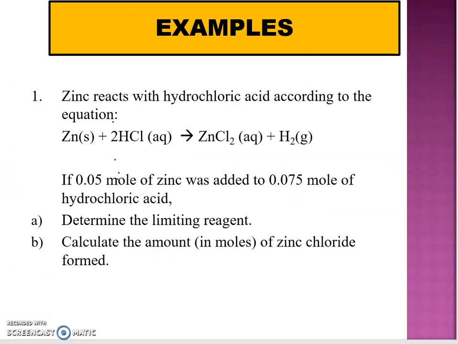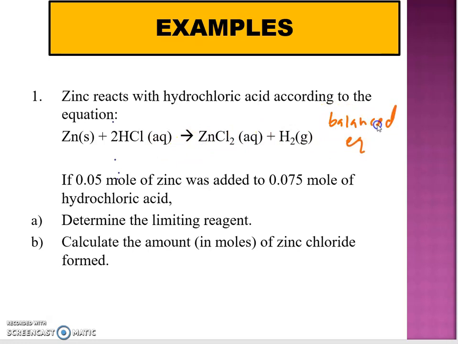Okay, now we go for example. So you have this zinc react with hydrochloric acid, menghasilkan zinc chloride plus hydrogen gas. Okay, so metal tambah acid akan menghasilkan metal substance plus hydrogen gas. So dalam reaction ni, make sure it is a balanced equation. Okay, the first step, balance equation.